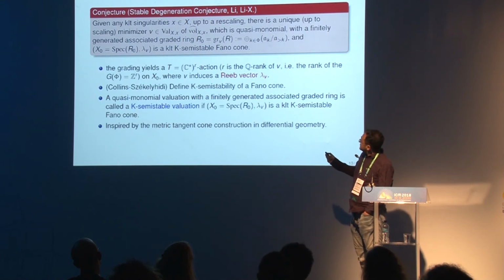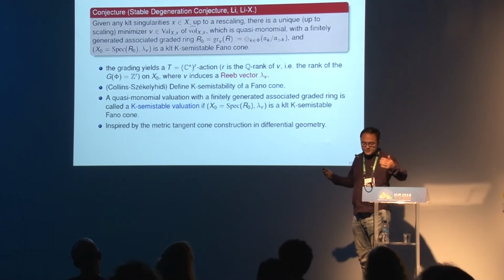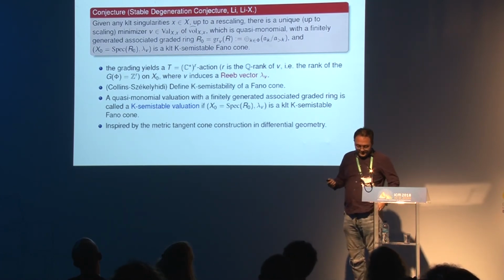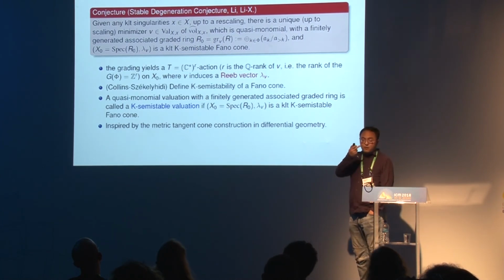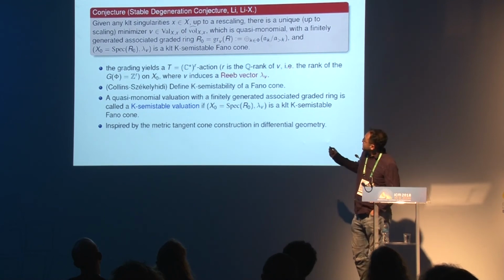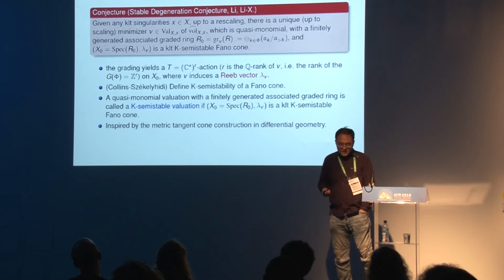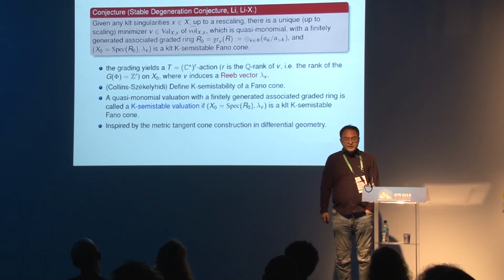The conjecture contains many parts. Some parts were formulated by Chi Li. But to make the picture complete, Chi Li and I proposed a couple more conjectures. Now you put all the conjectures together, and we call it the stable degeneration conjecture. So basically it says, given a klt singularity, up to rescaling, there is a unique minimizer in this valuation space.